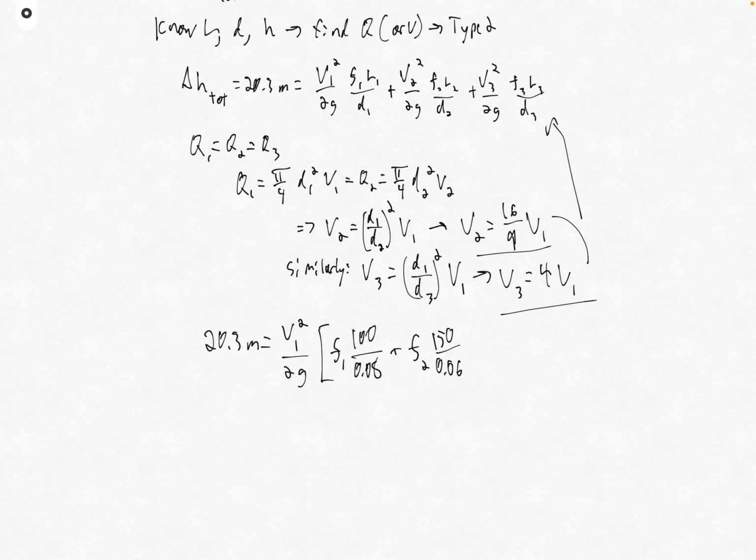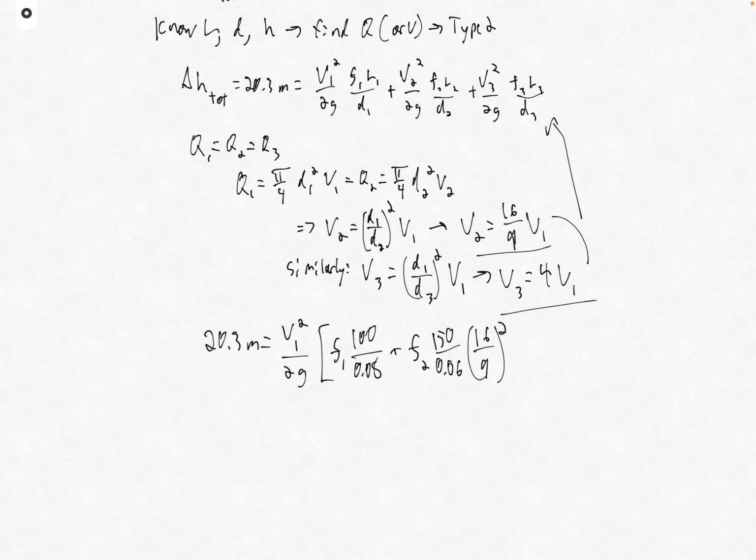But times, remember we have to convert between our V2 and our V1, right? So this is going to be the relationship between V2 and V1. This is 16 over 9, and that's squared, right?